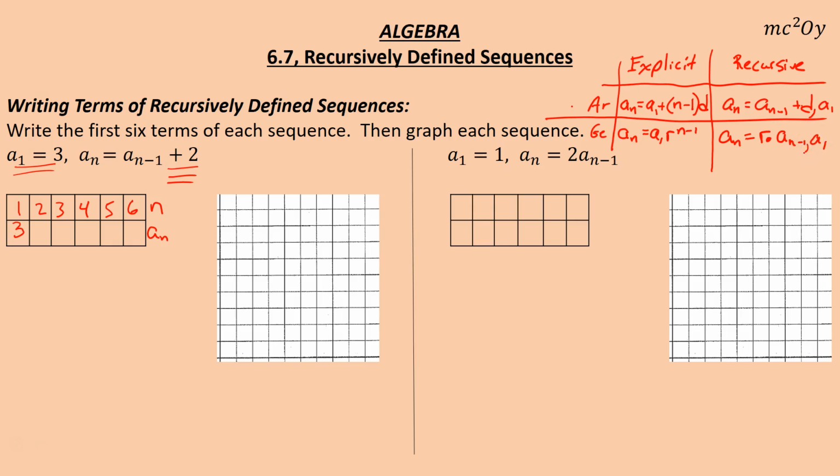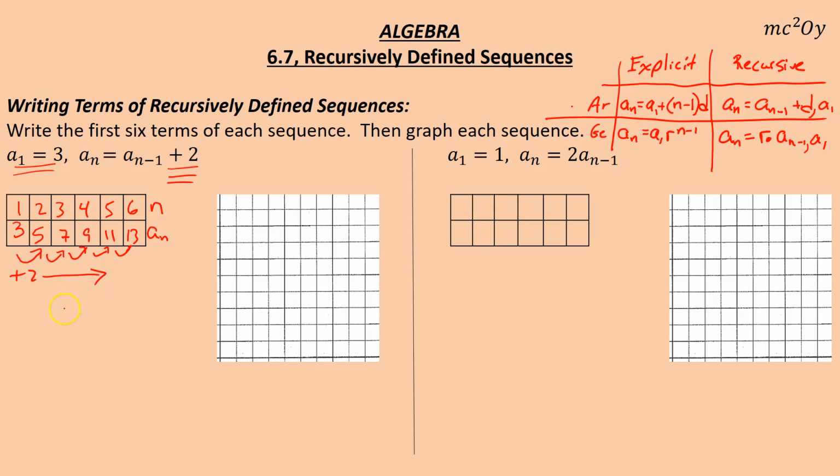Like for instance, on this first graph, it tells you a sub 1 is 3. And then it gives you a rule, a sub n is equal to a sub n minus 1 plus your difference. That is right here, it's a recursive. My difference is 2. That means I'm adding 2 every time. So this is 5, 7, 9, 11, and 13. We're adding 2 every time there.